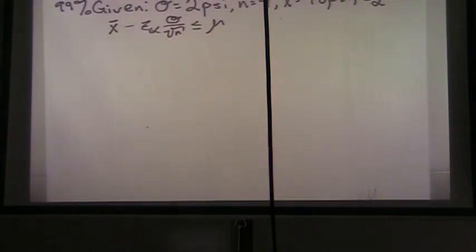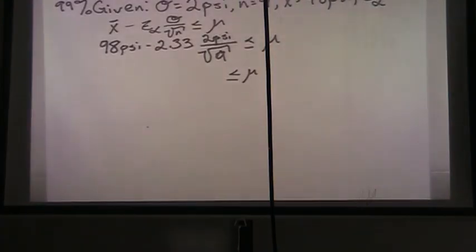All right, so our equation is still x bar minus Z alpha times standard deviation divided by square root of sample size less than or equal to mu. So that is 98 psi minus 2.33 times 2 psi divided by square root of 9 less than or equal to mu.